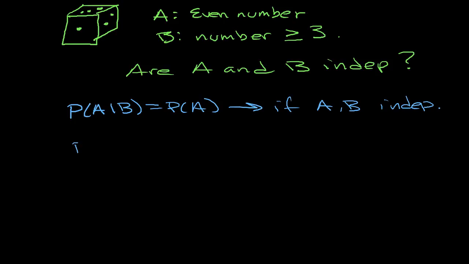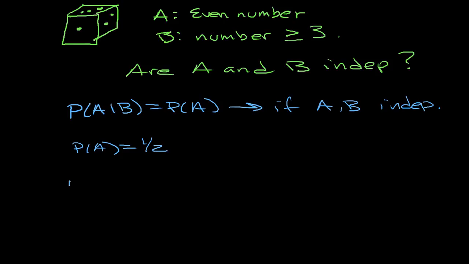So let's work out the probability of A. The probability of A is watching an even number. It should be just 1/2. Again, because the outcome is either even or odd, and we have the same number of even outcomes as odd outcomes, so it's 1/2.